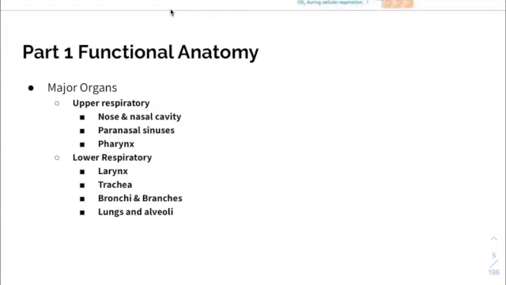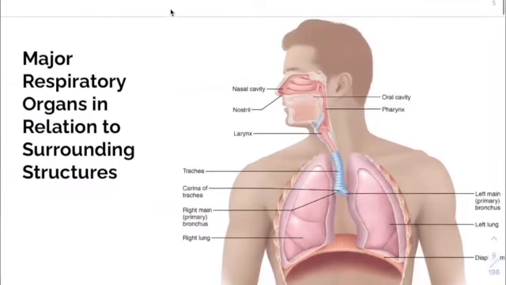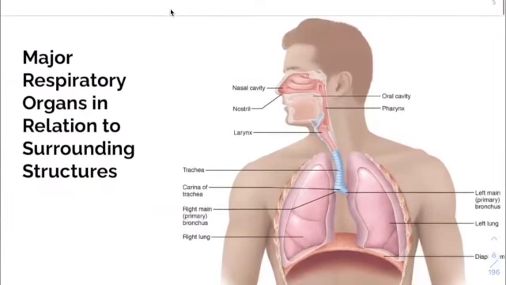The lower respiratory system includes the larynx, the trachea, bronchi, and their branches, the lungs, and the alveoli. We're going to look at all of this tonight and look at it in detail. So this picture shows all of the parts of the respiratory system, because it also includes that diaphragm, which we need for breathing.